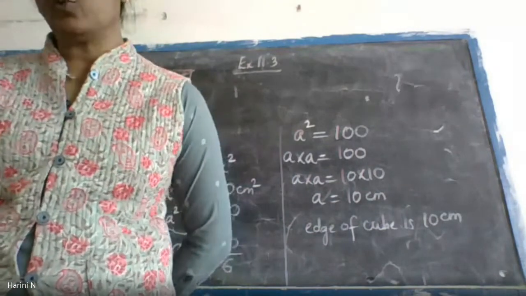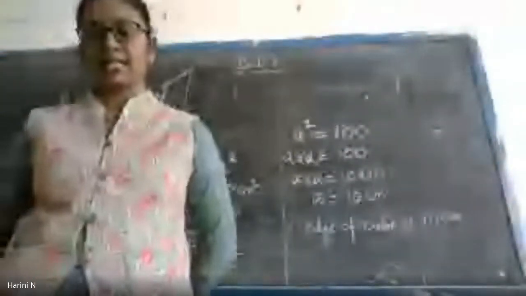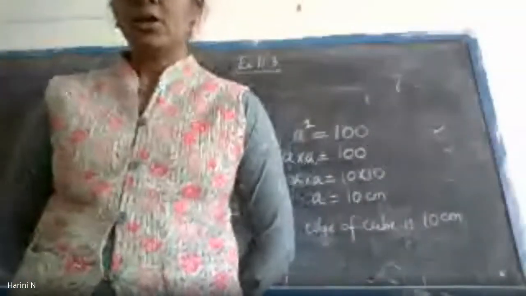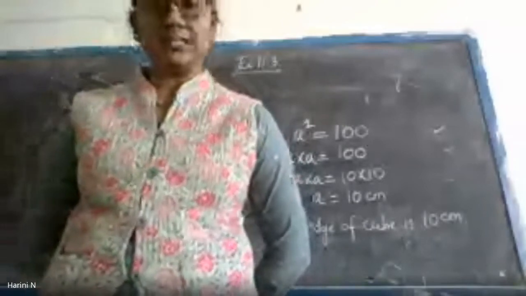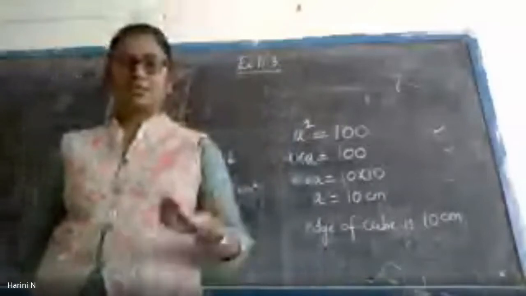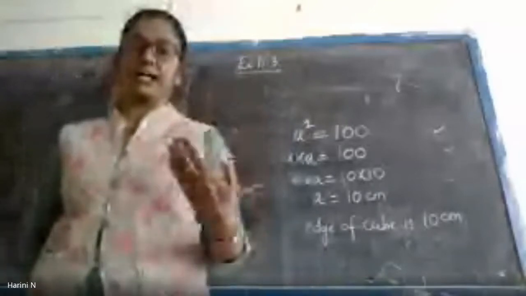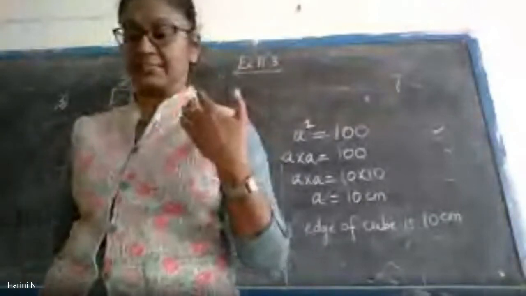Daniel is painting the walls and ceiling of a cuboidal hall with length, breadth and height of 15 meters, 10 meters and 7 meters respectively. So it is a cuboidal hall which has got a length, breadth and a height. Now the entire hall is to be painted. Alright.